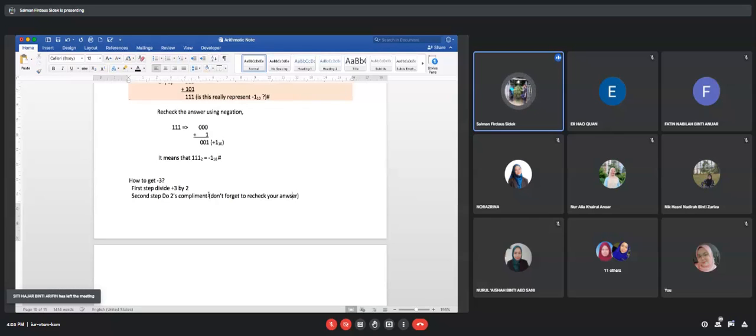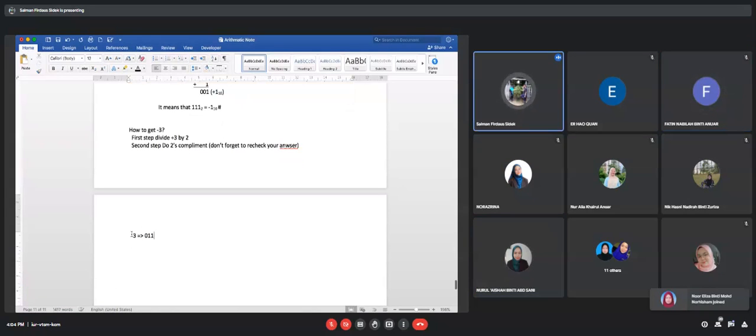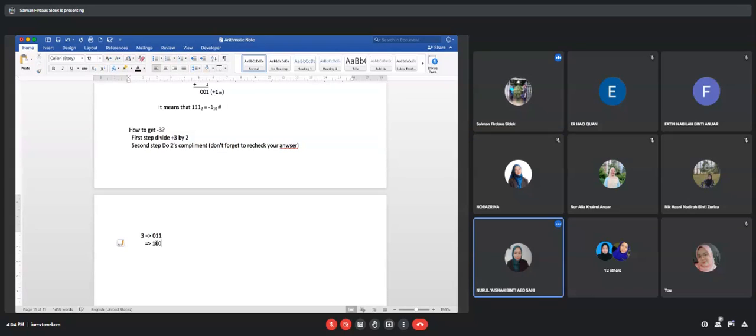We need to recheck using two's complement. So 3 divided by 2 gives 011. Then do the two's complement: 100 plus 1. We will get 101.